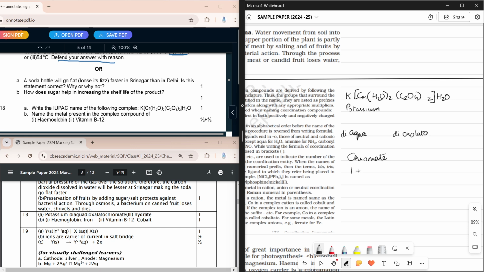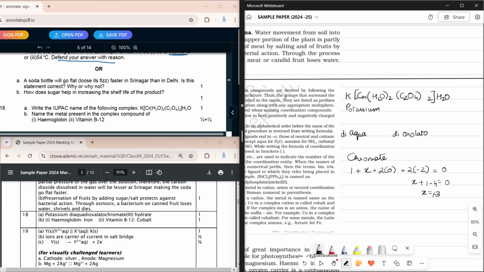So that is going to be 1 plus x plus 2 into 0 plus 2 into minus 2, because aqua or water is a neutral ligand and oxalate is a negative ligand. So its total is going to be equal to 0. So x plus 1 minus 4 equals 0. x is going to be equal to 3. So this is the oxidation state of our chromate.